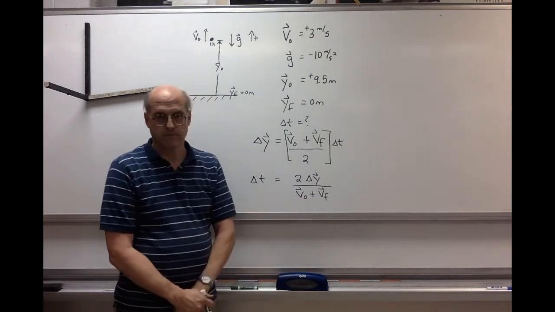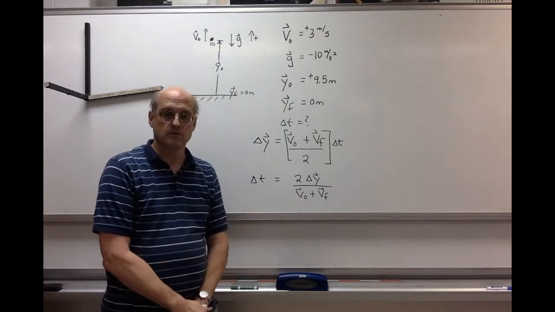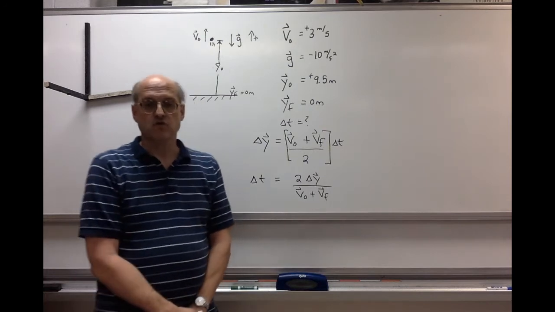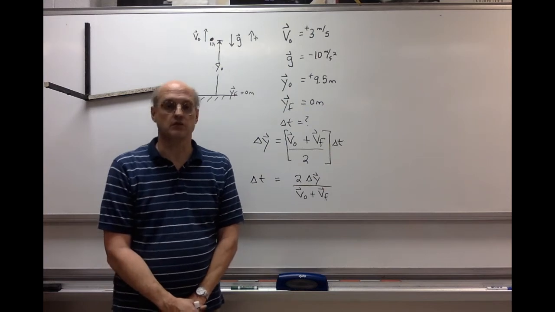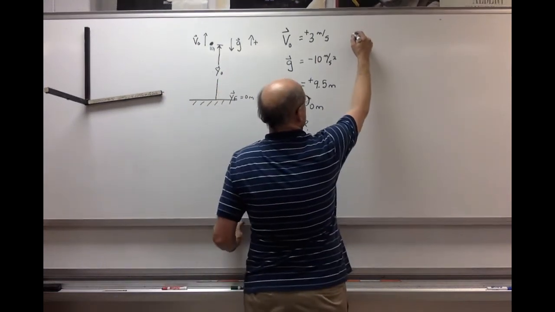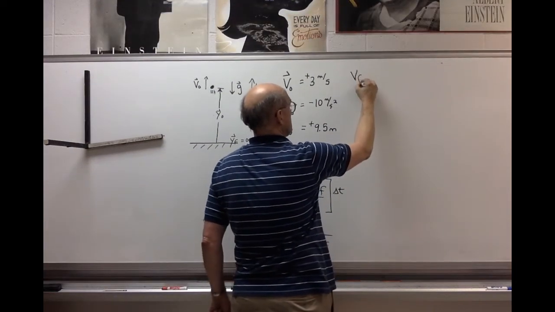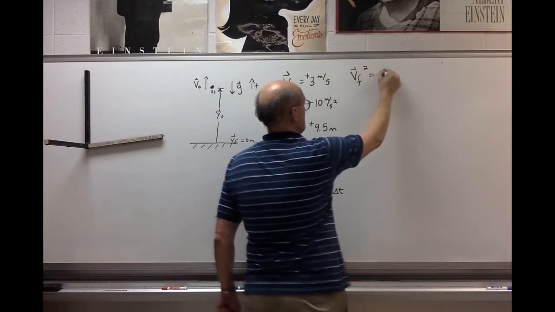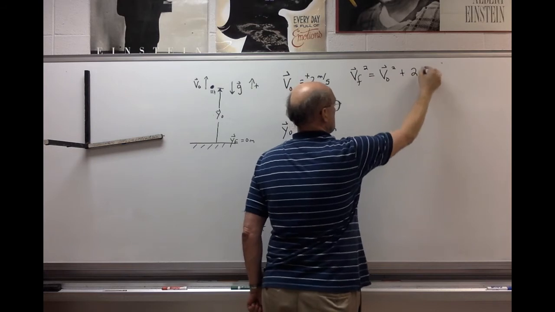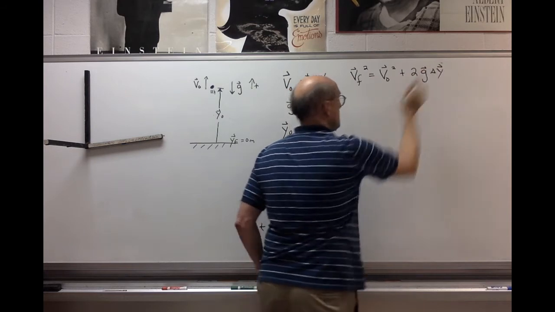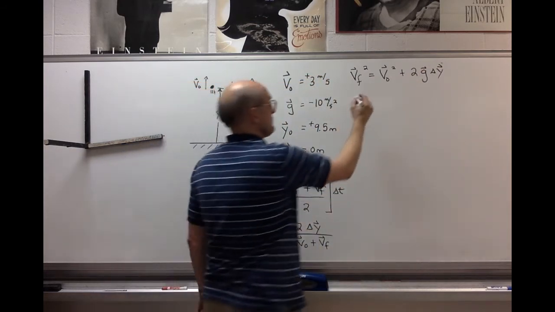But we don't know VF. So I'm going to go to another equation. And I'm going to go to VF squared is equal to VO squared plus 2G delta Y. And I'm going to solve that for VF.